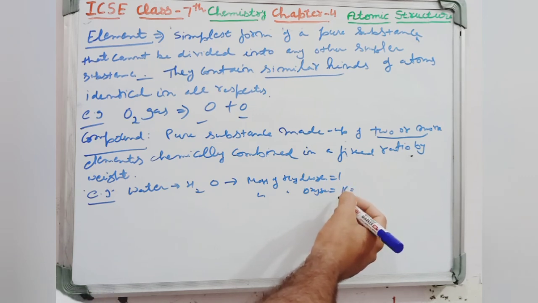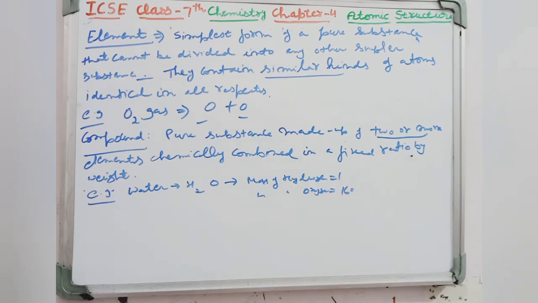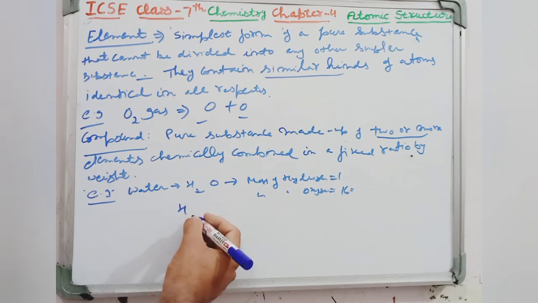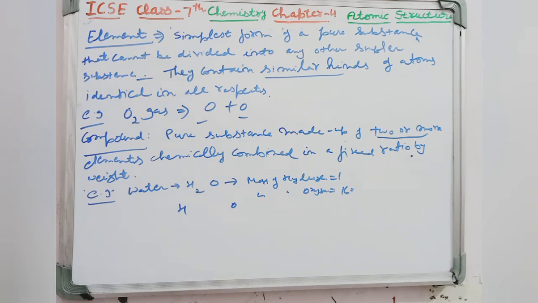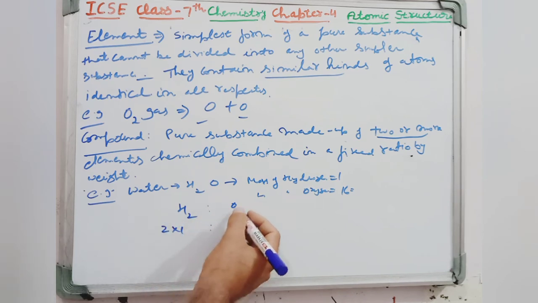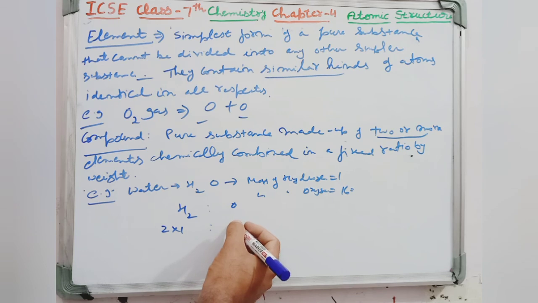Right? Now we write it as H2 ratio O: 2 into 1, and 1 oxygen, whose mass number is 16, right?